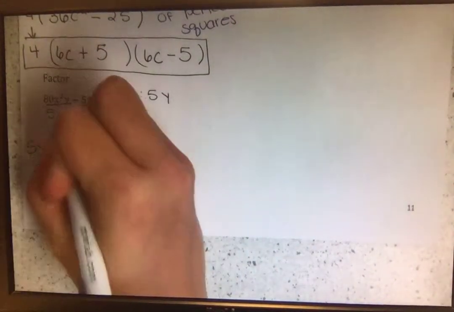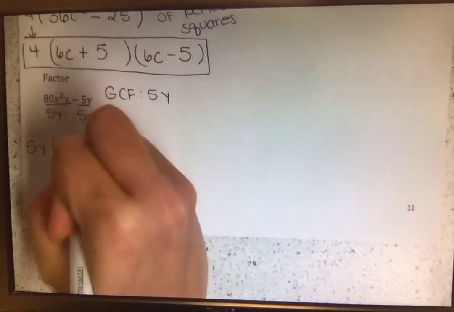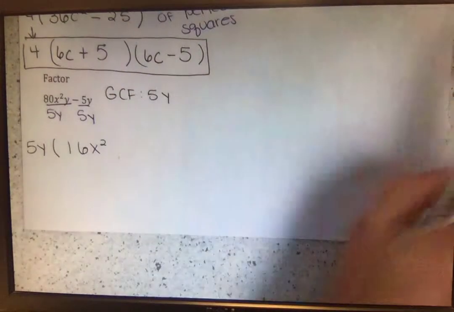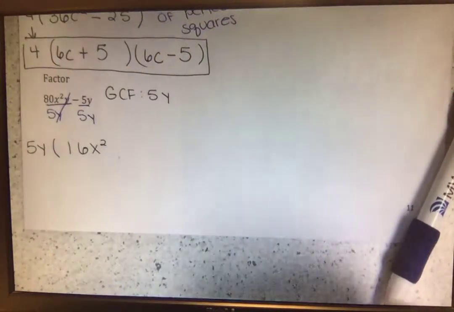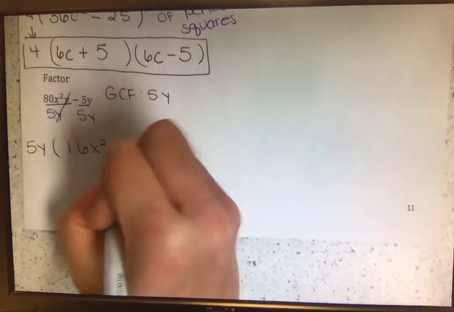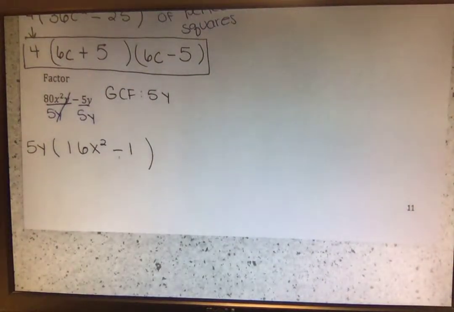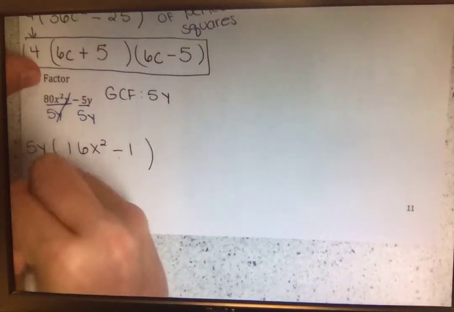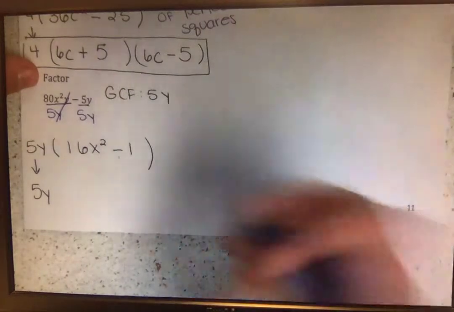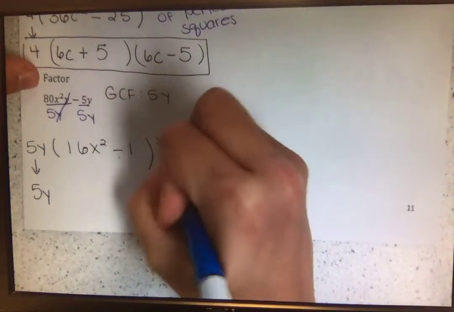Dividing out a 5y, 80 divided by 5 should give us 16. X squared, y divided by y will cancel those out. Minus 5y divided by 5y should give us 1. So 5y is our GCF, that's still just hanging out front. And we're left over with 16x squared minus 1.